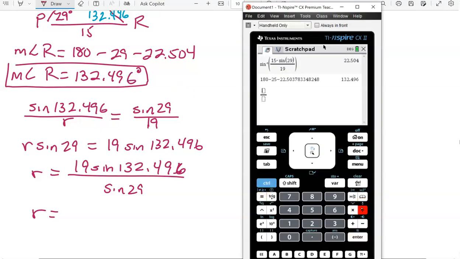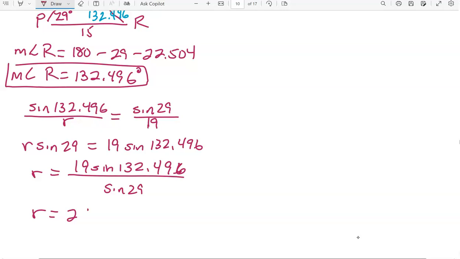Control divide for a fraction, 19 times the sine of that number that came before. So use the answer feature maybe, control negative, and then divided by sine of 29 degrees. And that'll give us 28.896.